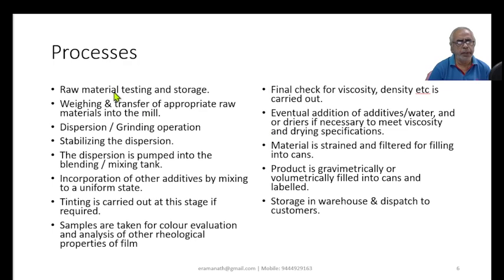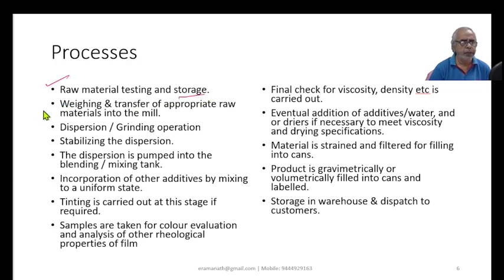Now let me go into detail about the process. The raw material should be properly tested, because the quality of the product depends on the quality of the raw material you are going to use. And then it should be properly stored also.